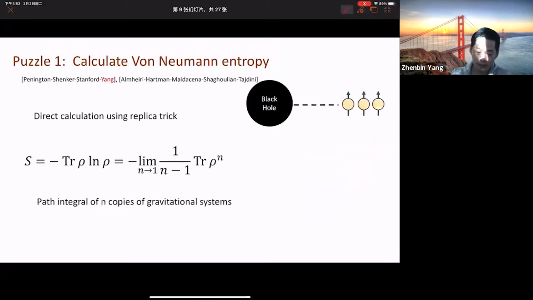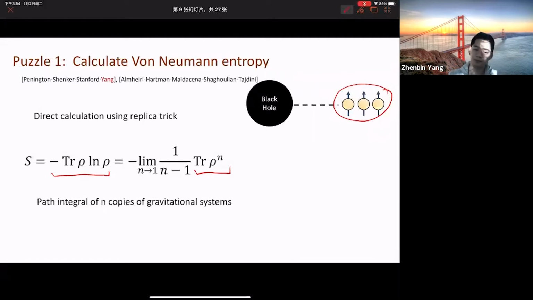For the first puzzle, about there being too many entanglements between radiation and black hole, one can directly calculate the von Neumann entropy. I guess most of you are very familiar with this. One simply calculates the von Neumann entropy of the radiation that is entangled with the black hole. The common route is to use the replica trick to calculate the von Neumann entropy, and when calculating the replica path integral, you need to consider n copies of the gravitational system due to this trace rho to the n.